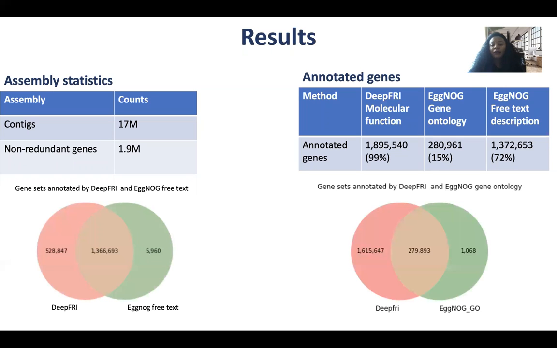And by comparing gene sets annotated by DeepFRI and eggNOG gene ontology, there were roughly 279,000 genes that are common between DeepFRI and eggNOG gene ontology. And there are 1.6 million genes that are unique to DeepFRI. We see that by considering other information coming from eggNOG free text description, we are able to increase the number of annotated genes.